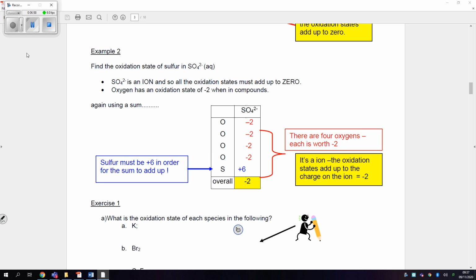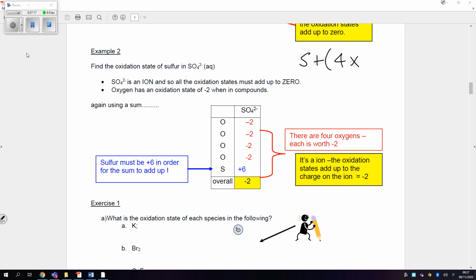In this second example, we're going to find the oxidation number of sulfur inside an ion. Now again, there's a table method here. It's a bit long-winded to be doing this in an exam situation, so I'll show you how to do it as a formula. What we're saying is sulfur plus 4 lots of oxygen.